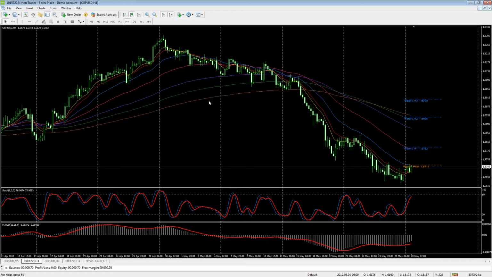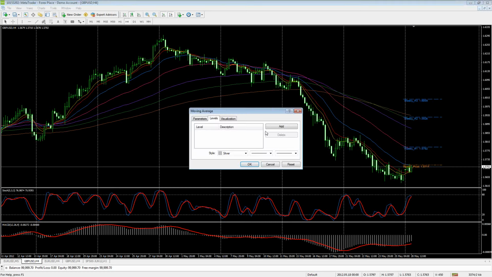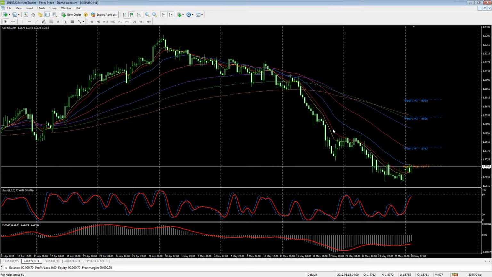Basically, the moving averages I'm using here are, sometimes I have the 5 moving average. All the moving averages again are exponential, all applied to close. We have 9, 13, 26, 52, 100, 144, and 200.